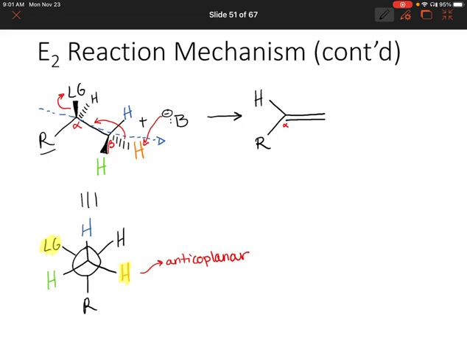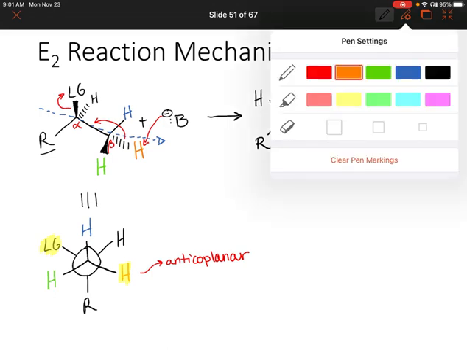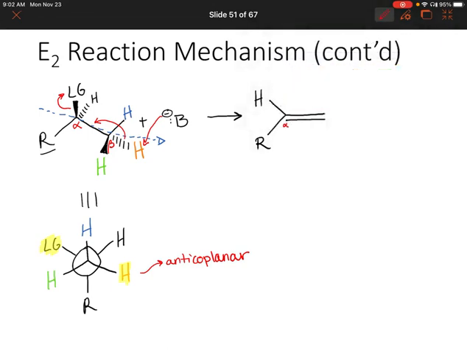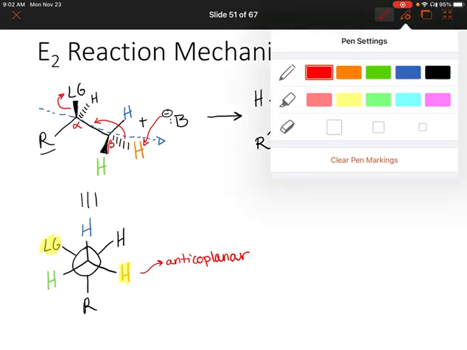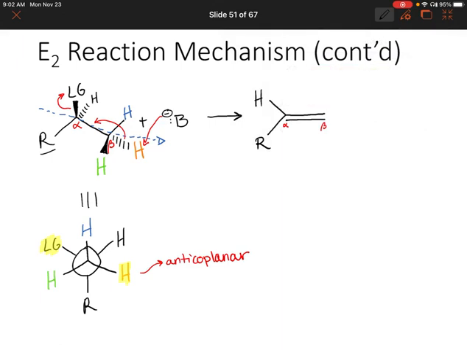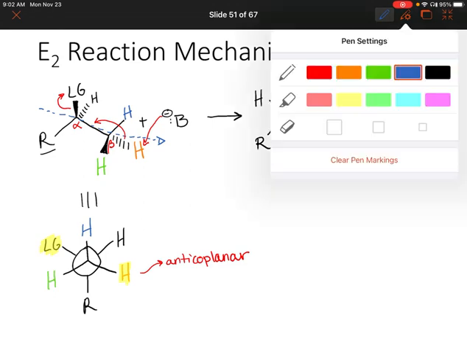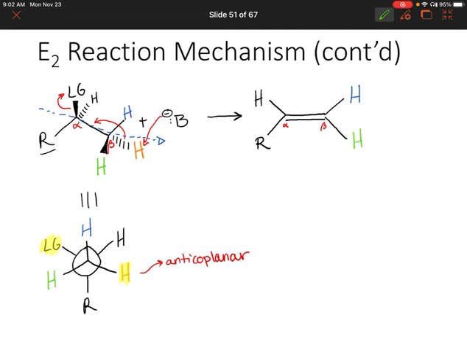And then to the right, on the beta carbon, we still have a blue hydrogen and a green hydrogen. The blue hydrogen will still be up above, and the green hydrogen will be down below.